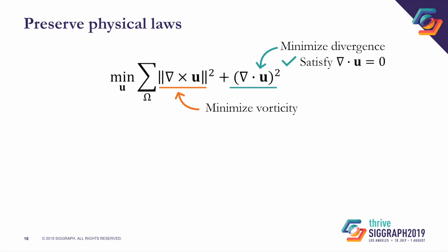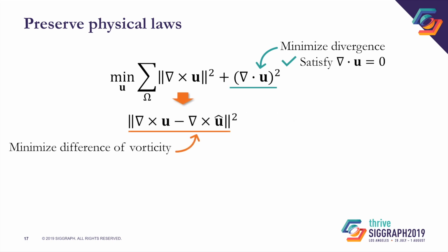But the first term is not very good. If we minimize the vorticity, the resulting flow becomes too smooth. So instead, we heuristically replace this term with this one. We want to minimize the difference of the vorticity to preserve the vorticity.